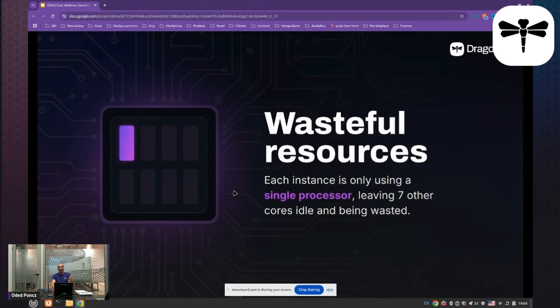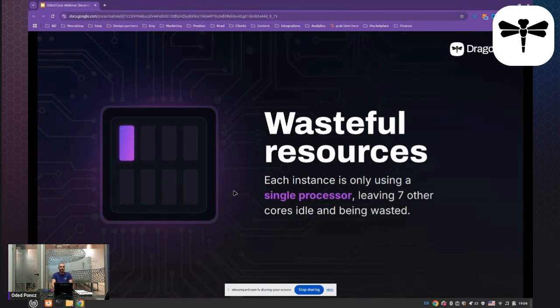But in modern hardware, memory always comes with CPU. Typically, cloud instances come with a CPU to memory ratio of 1 to 2, 1 to 4, or 1 to 8. So if you need 100 gigabytes of data, you will end up with an instance that has 16 or 32 cores available for you.